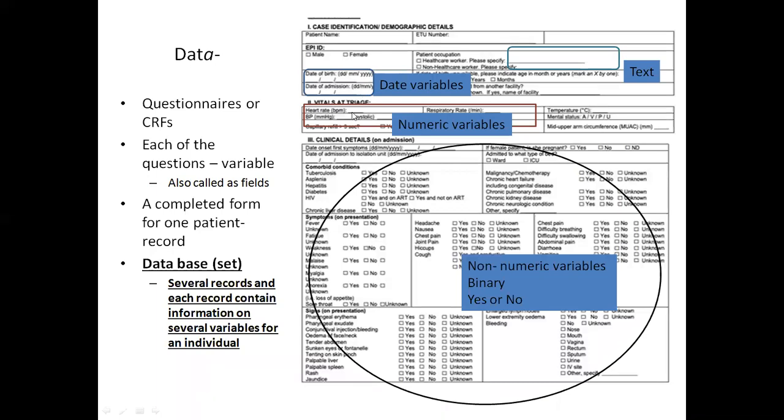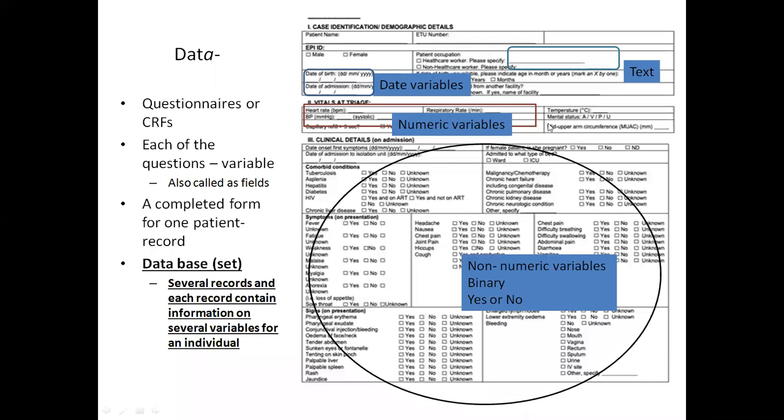You also have a few variables which I marked here as numeric variables, meaning the values those variables take are numbers, like heart rate, blood pressure, respiratory rate, temperature and variables like that. Then you also have a huge proportion of variables which are non-numeric, in the sense they don't take numbers. Mostly some of them are binary, which is just a yes or no type of response for each of those questions, like comorbidities or symptoms or signs.